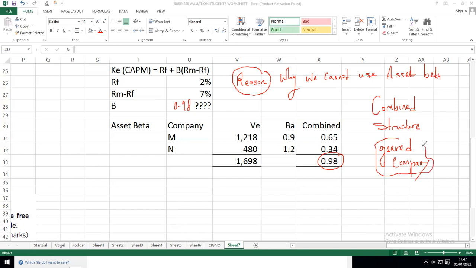No. If a company is geared, what beta should we use?